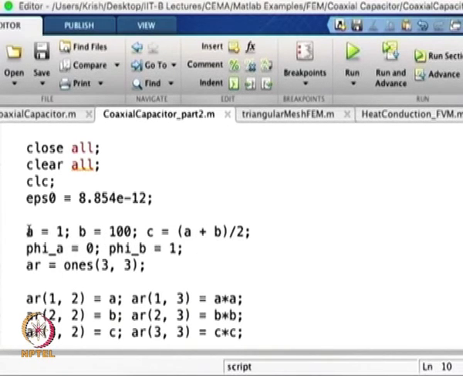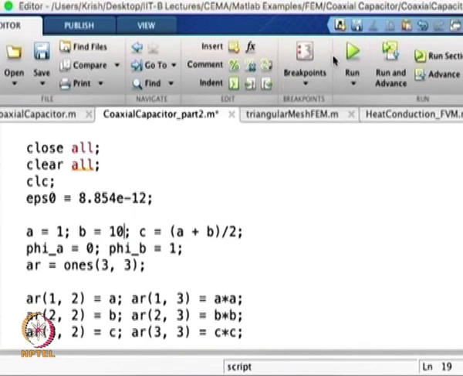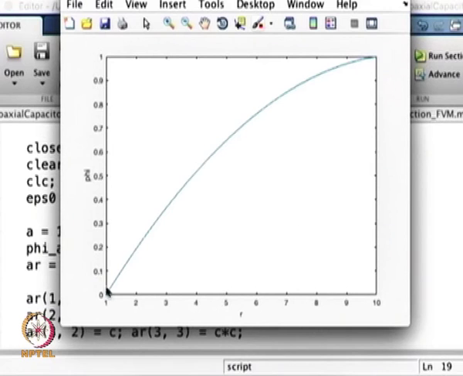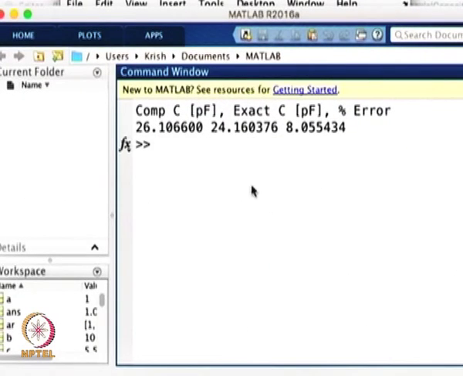So instead of going from a equal to 1 to b equal to 100, what will happen if my b value reduces to 10? So when I simulate it, I can see certain values, and I can also see what is going to be my error. The error is substantially reducing.